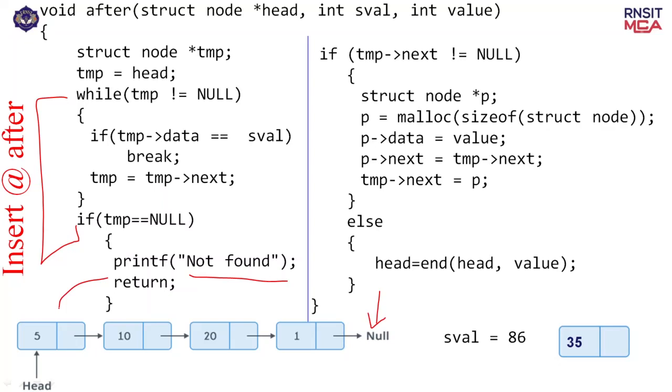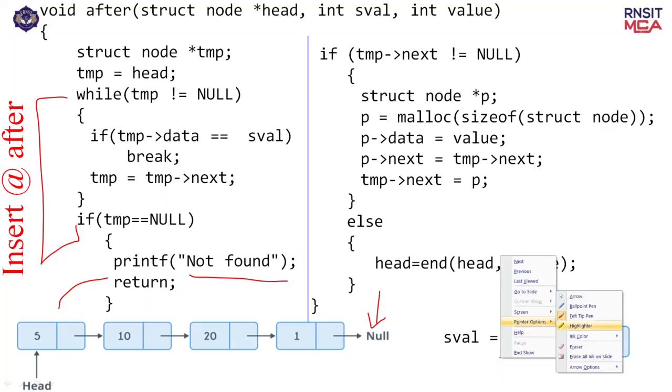If the inserting element is not found, then it is not possible to insert. So the 86 you cannot locate in your existing linked list, so 35 could not be inserted into the linked list.